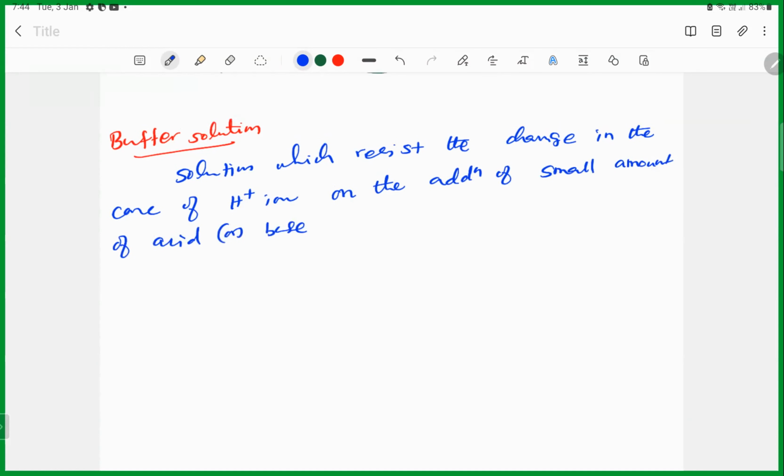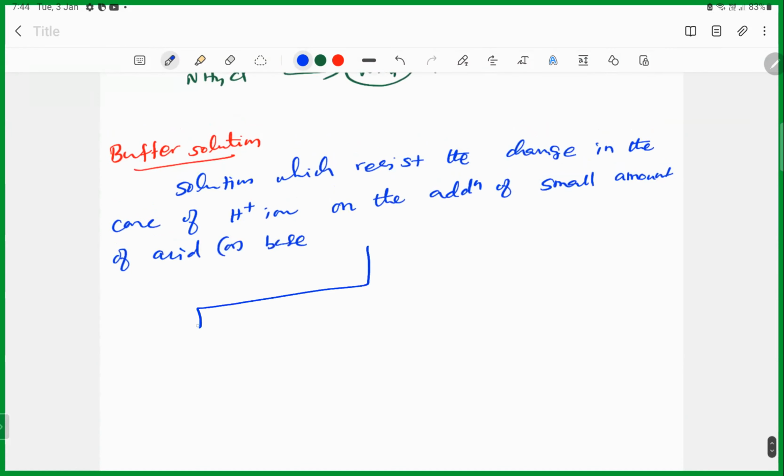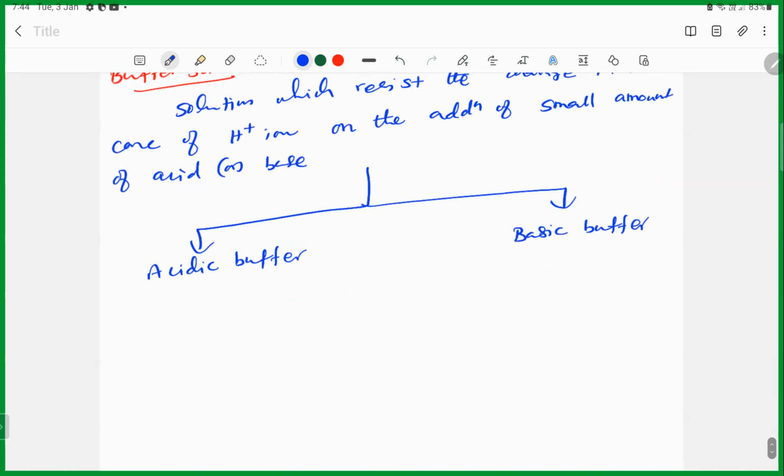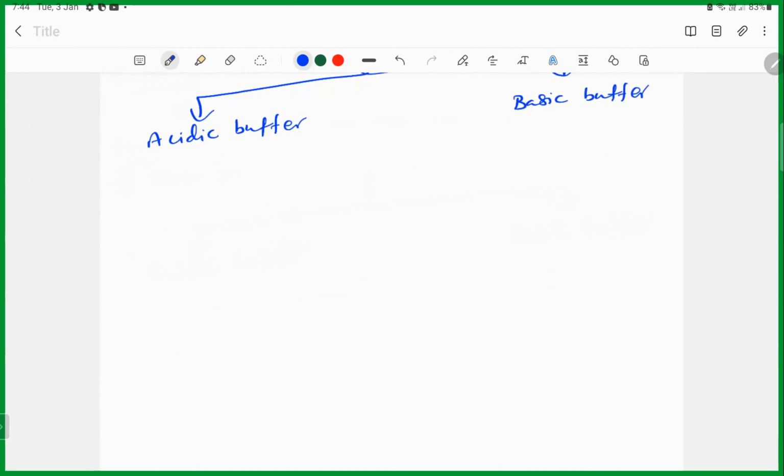Okay, now this buffer solution can be of two types. One is acidic buffer, another is basic buffer. So acidic buffer is an equimolar quantity of weak acid plus strong base salt.